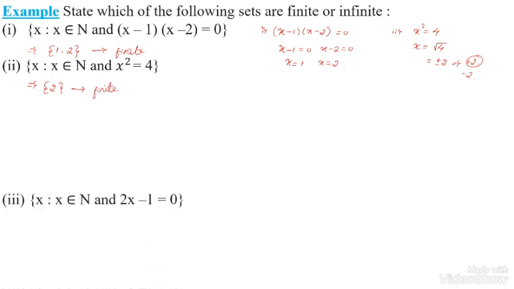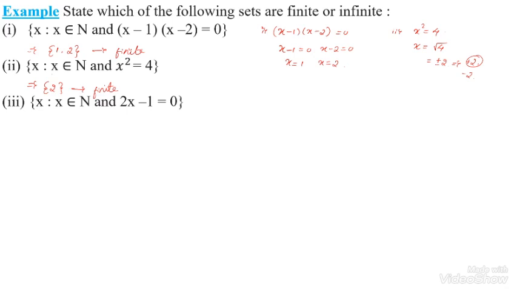Now, let us move to the next one. {x such that x belongs to N and 2x minus 1 is equal to 0}. Now, we can solve the third problem, that is 2x minus 1 is equal to 0.